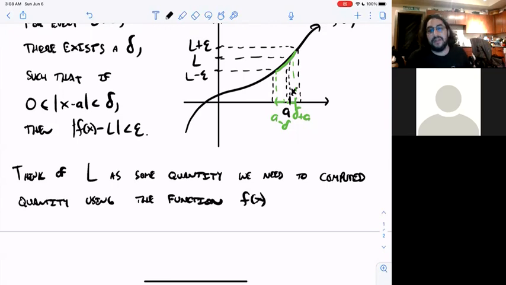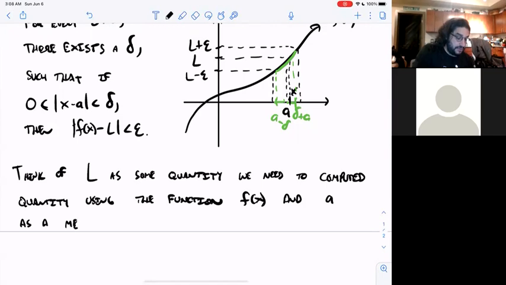And we're going to think of A as a measured quantity.